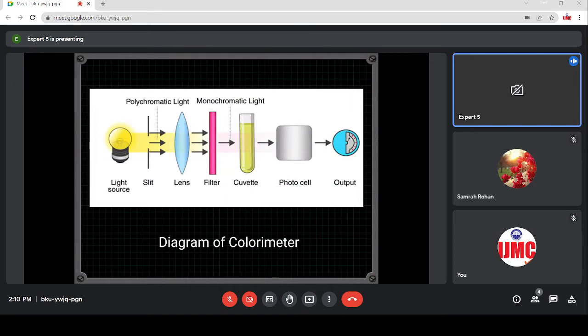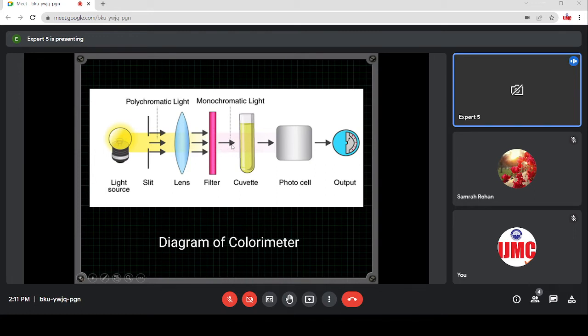This diagram shows how a colorimeter works. We choose a source of light, and the polychromatic light passes through a slit. This slit passes the light through a lens to a filter and the solution.